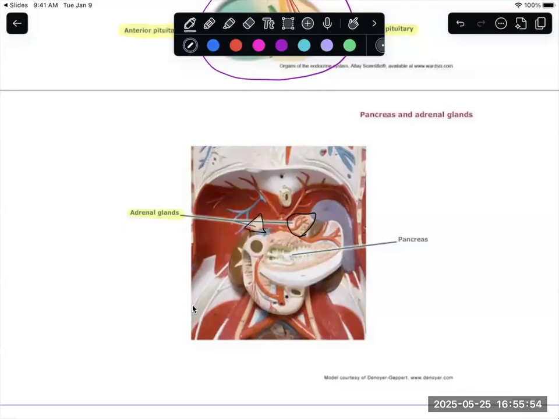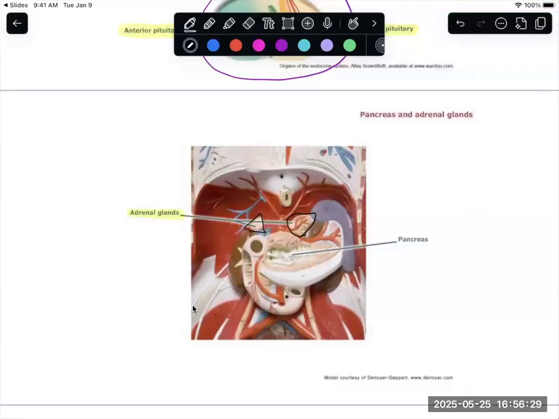The next layer, the middle layer, secretes those mineralocorticoids. So if you think minerals, aldosterone is going to regulate your salt levels. Water follows salt, that sodium in your body. So mineralocorticoids are going to help regulate your fluid levels by regulating your sodium levels, if that makes any sense to anybody, because it's helping to maintain your blood pressure.